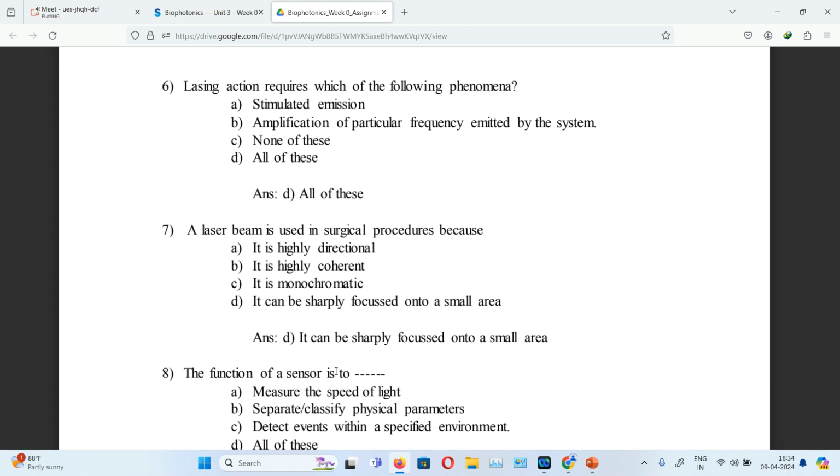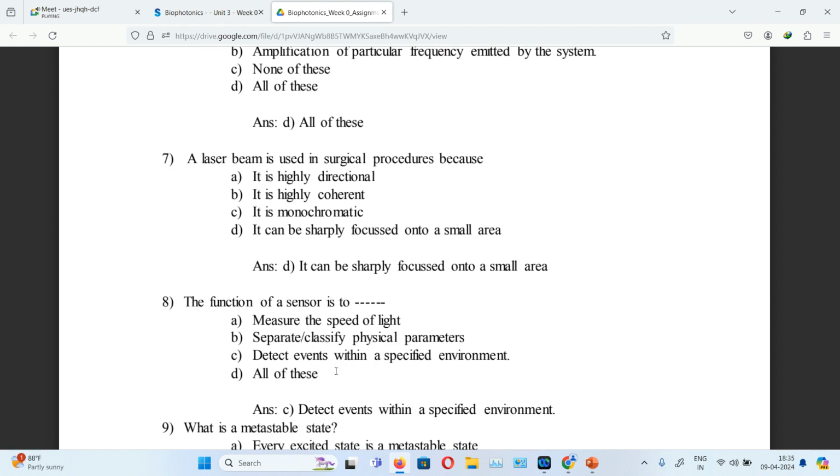When this wavelength of light falls on our eyes it can create signals, and our brain can interpret them and give some effect. So that's a sensor. It can detect particular events or a specific environment. It can convert one form of energy to another form in a specific range.